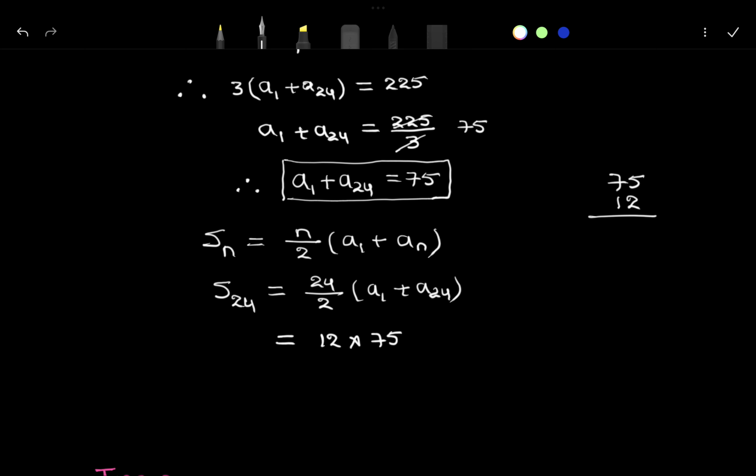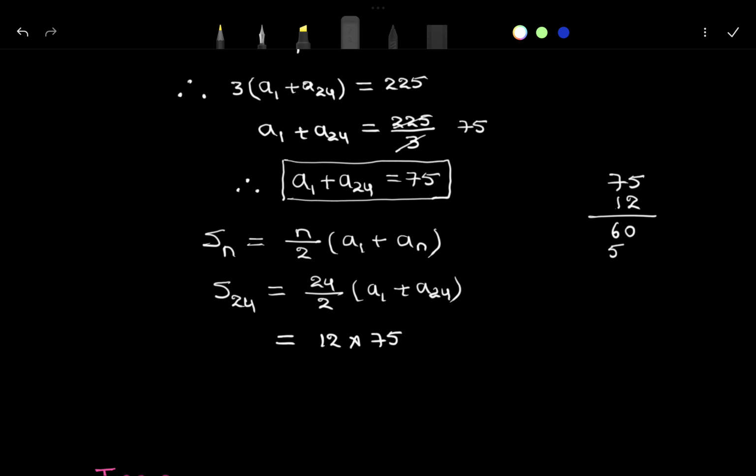What is the value of 75 into 12? 12 fives are 60, 12 sixes are 72, 12 sevens are 84.